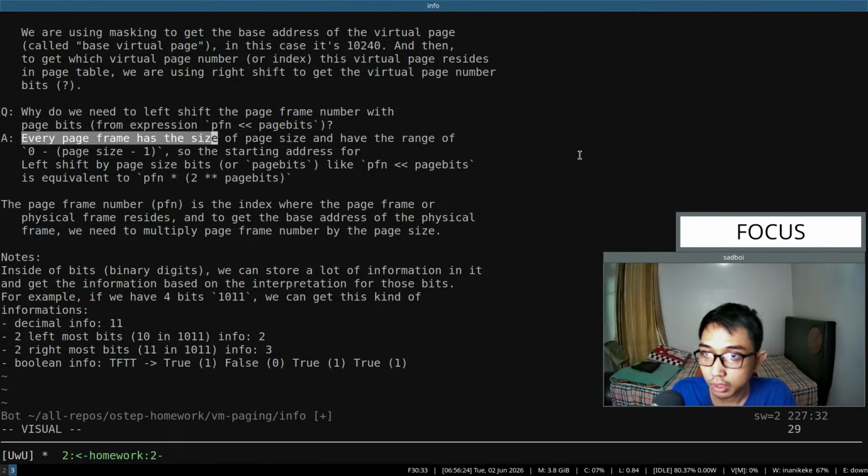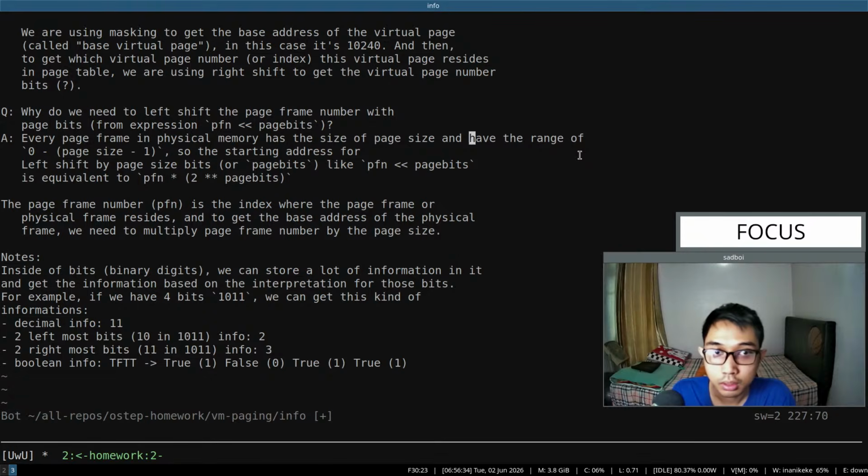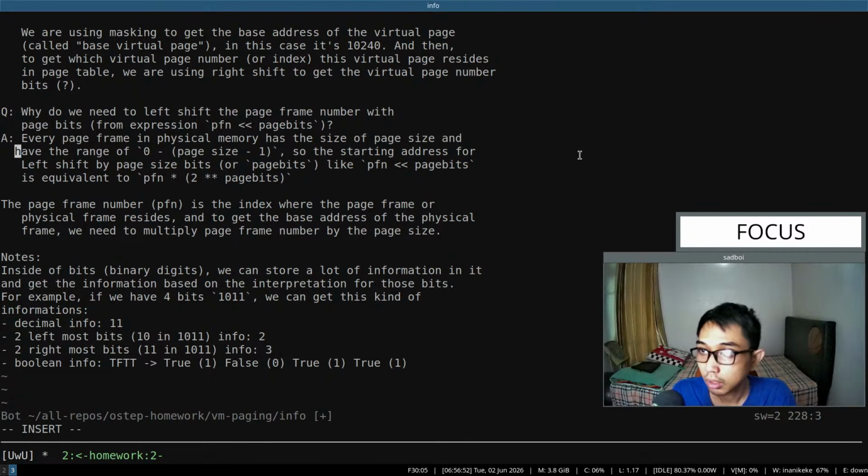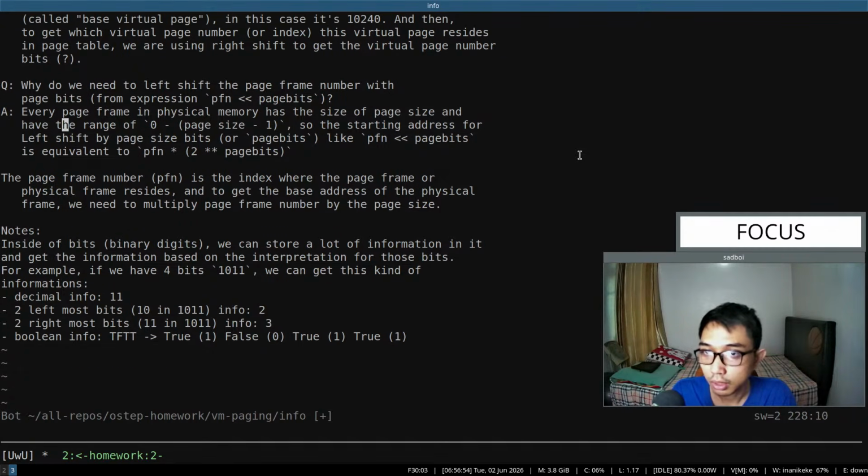Every page frame in physical memory has the size of page size and has the range of 0 until page size minus 1.